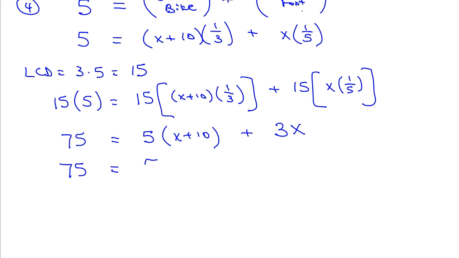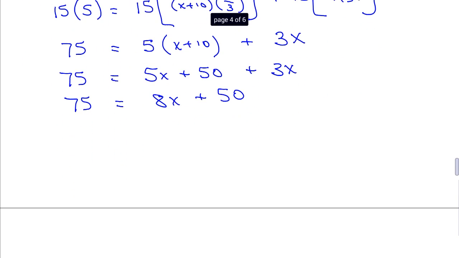So we have 5x plus 50. Combine the x's on the right side. We have 75 is equal to 8x plus 50. Move the 50 over. We get 25 is equal to 8x. Divide both sides by 8. So the answer is 25 over 8.